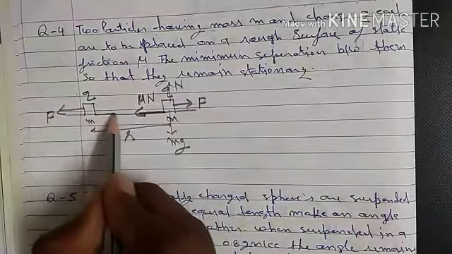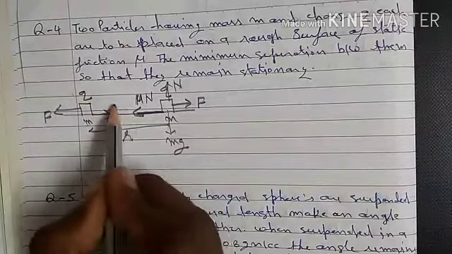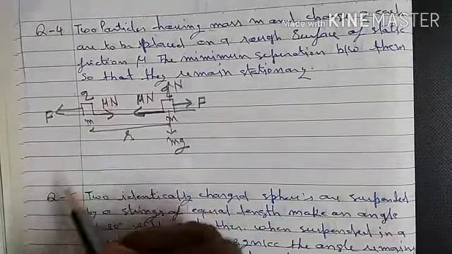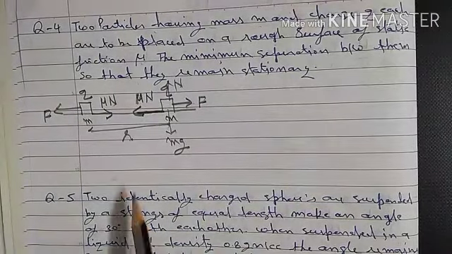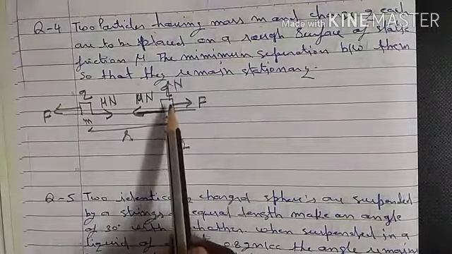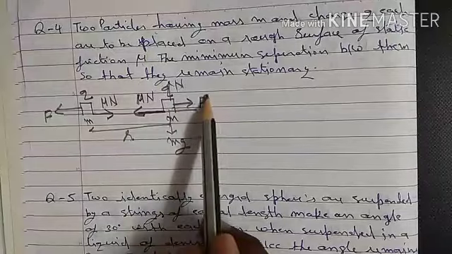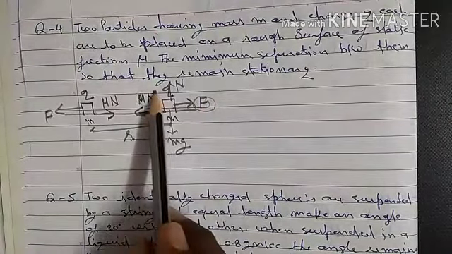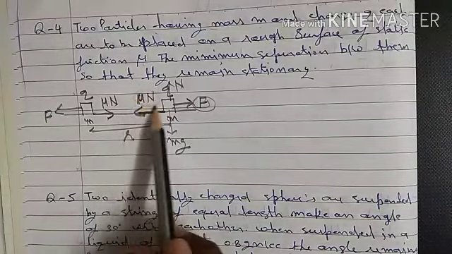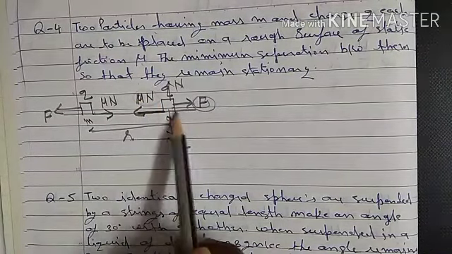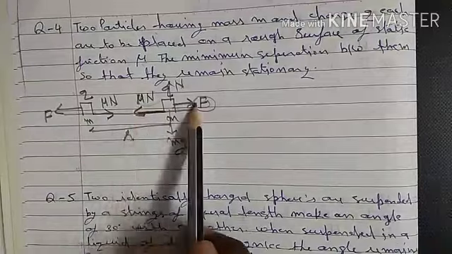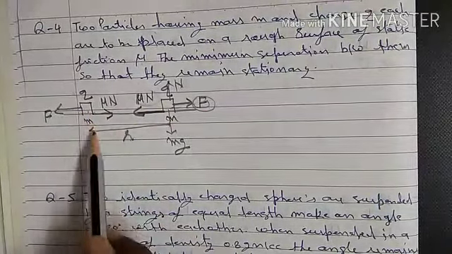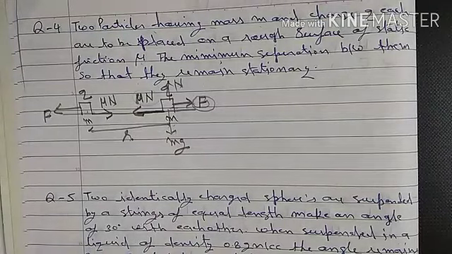So two forces are acting on both the charges: one is the electrostatic force of repulsion, the other is static friction. Both forces will balance each other for placing the two charges at this small distance r.